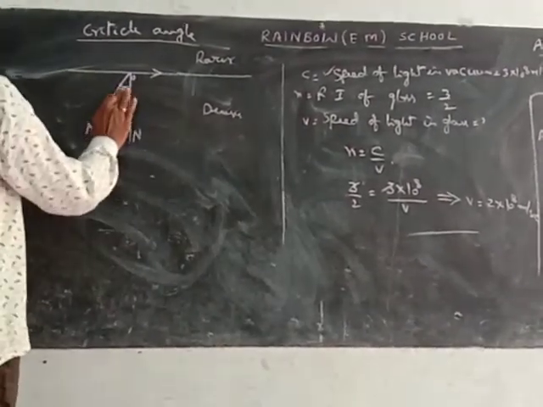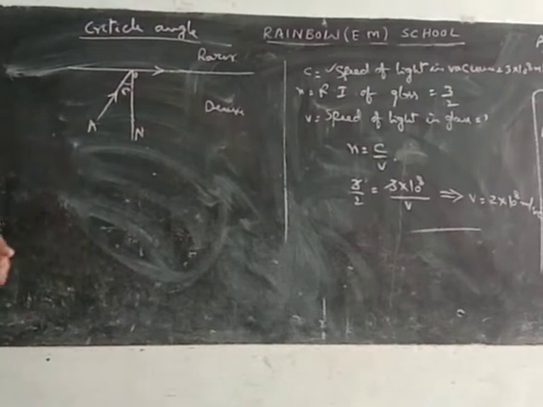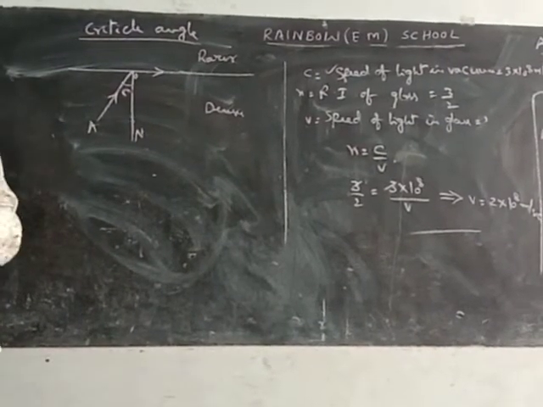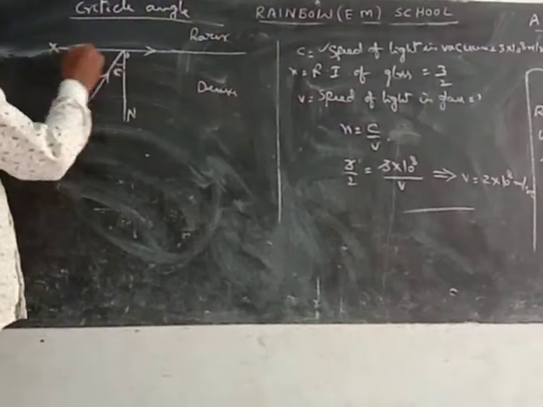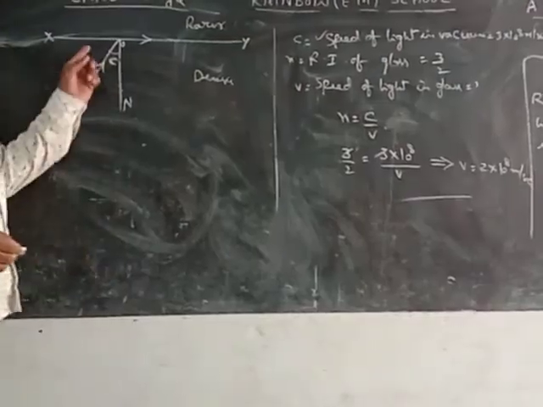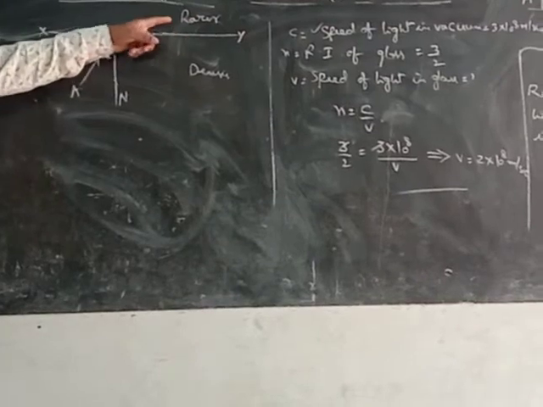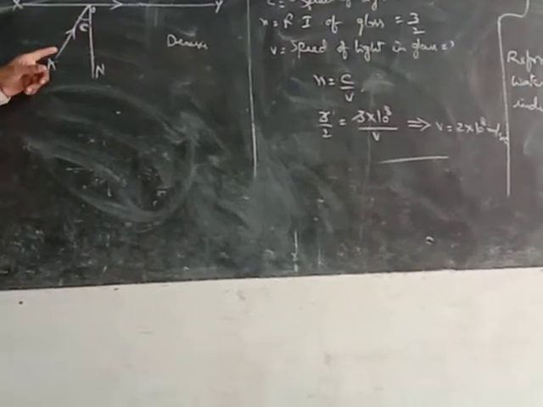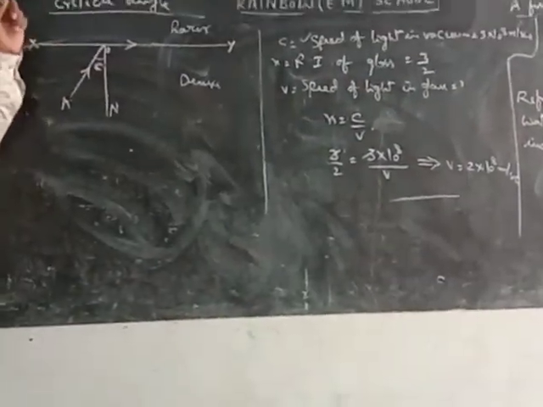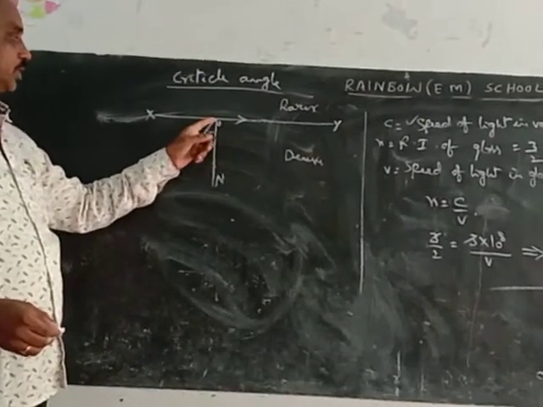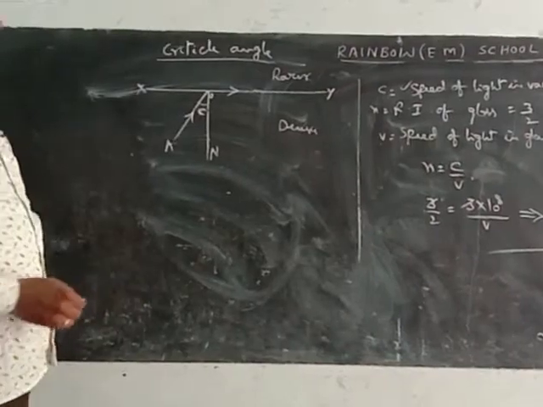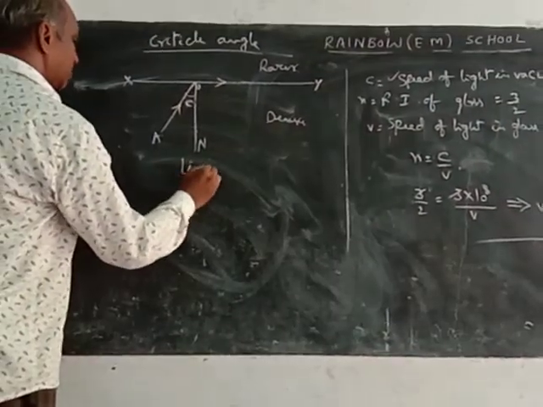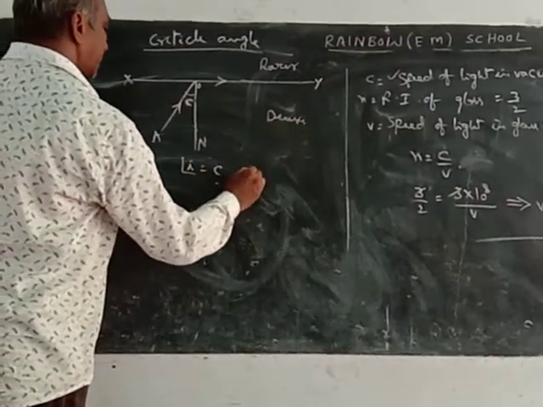Critical angle is the angle of incidence at which the refracted ray grazes the separation of the two media. Here XY is the separation of the two media, rarer and denser. A light ray traveling from denser to rarer medium at a particular angle of incidence, the refracted ray grazes the separation of the two media. In this case, angle i is equal to C. C means critical angle.